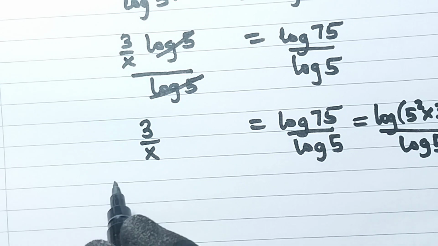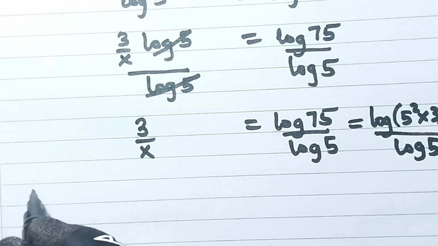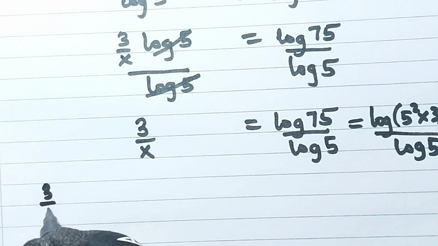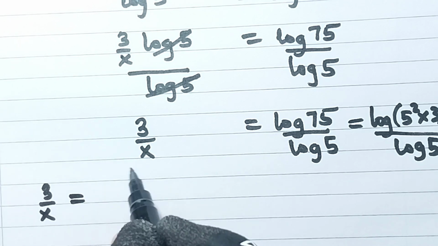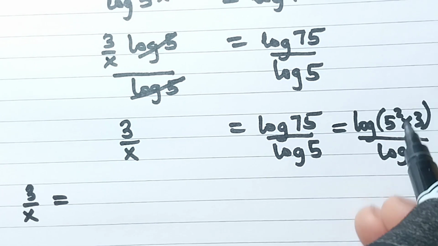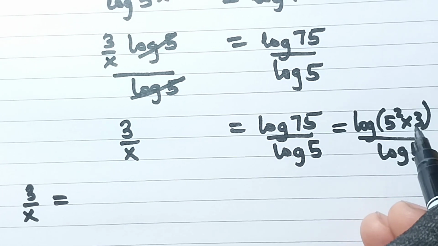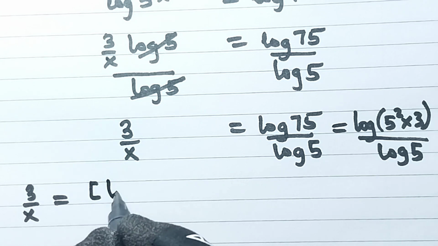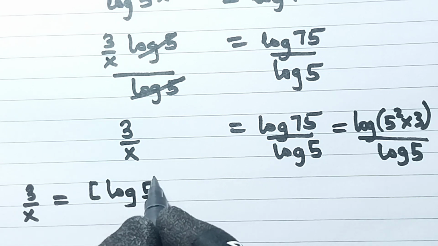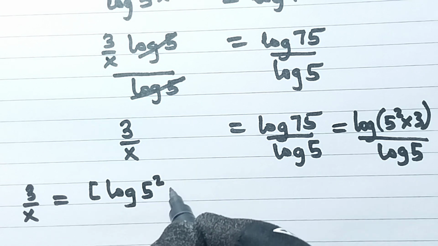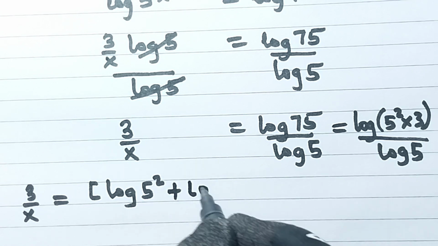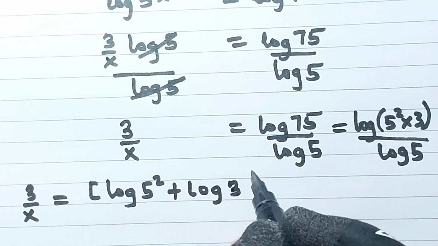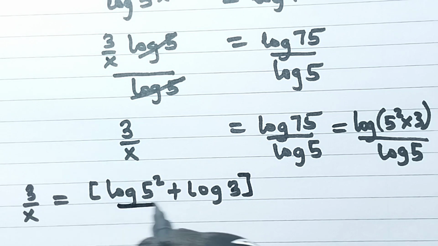Okay, so this is now 3 over x is equal to, by law of logarithm, I can separate this 5 squared and 3 into log 5 squared plus log 3, then divided by log 5.